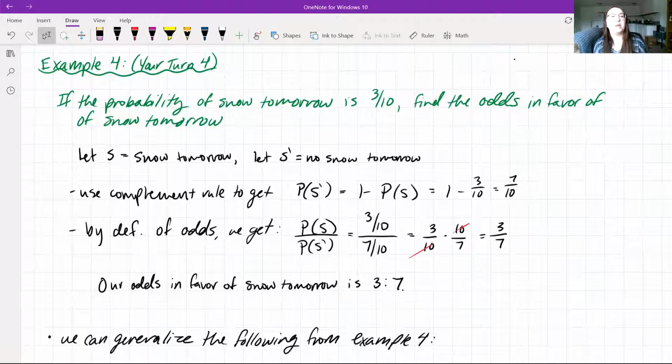If we wanted to rewrite it as our odds against snow tomorrow, that would be written as 7 to 3, because we're thinking against our probability of snow. We can rewrite this a lot of different ways, but it's important to know that when we think of in favor, the probability of something happening comes first. If we're thinking against, then whatever we're trying to find comes second.